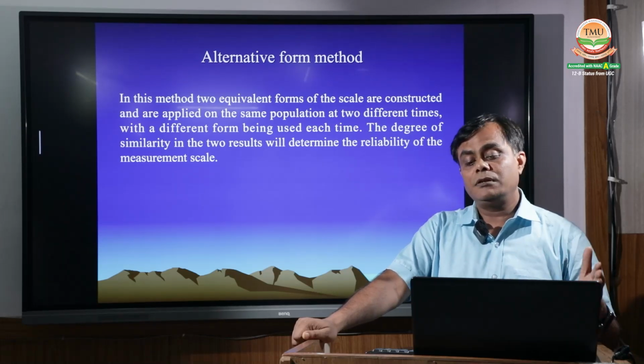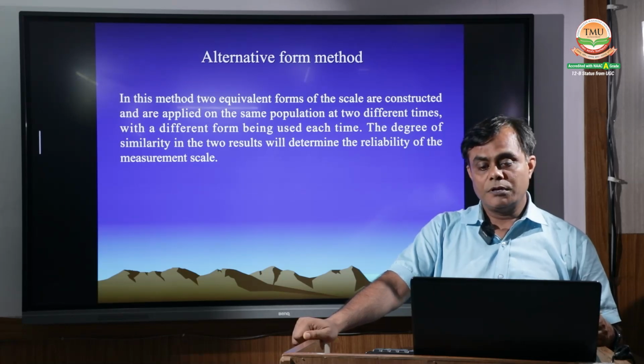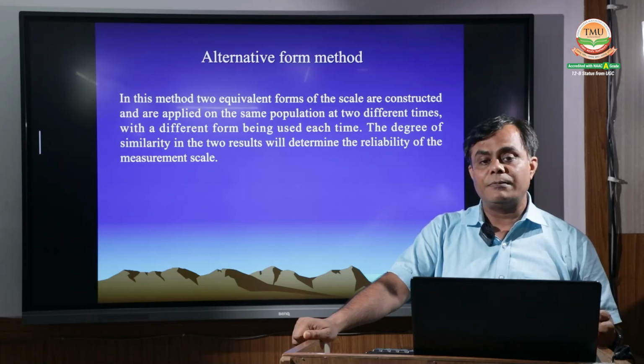Then the correlation coefficient between the two groups is obtained. A higher positive correlation indicates reliability of the measurement.